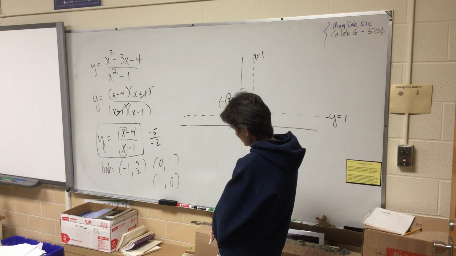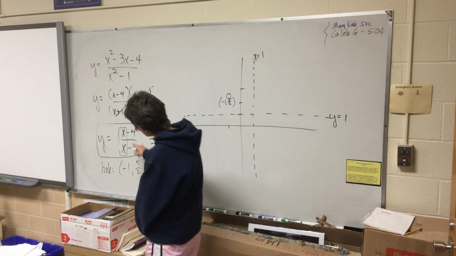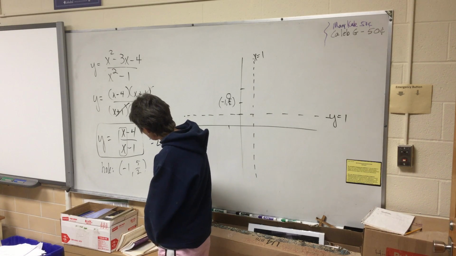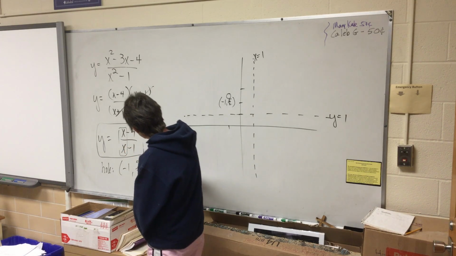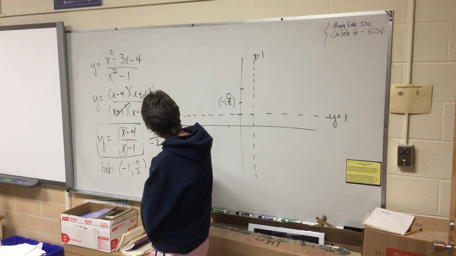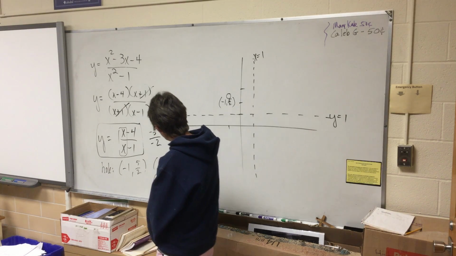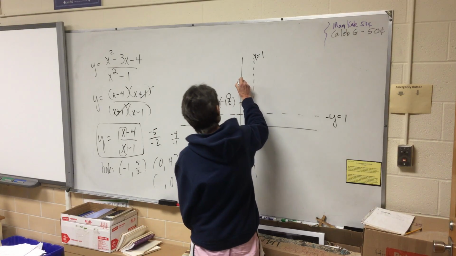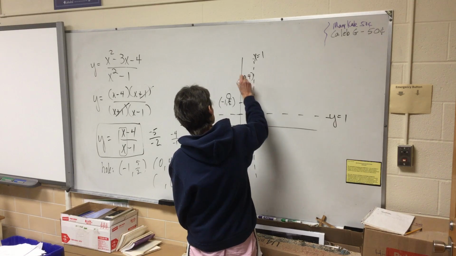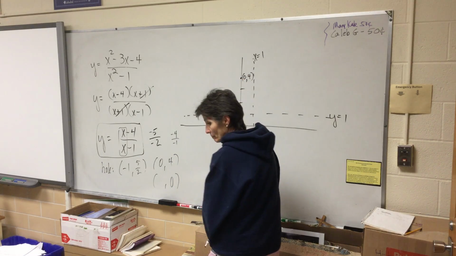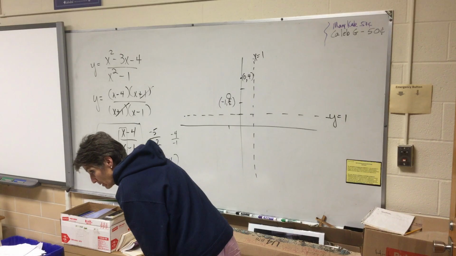So if we put in a 0 for the x's, that's what this says, x is 0, we get -4 over -1 or 4. Everybody following that?